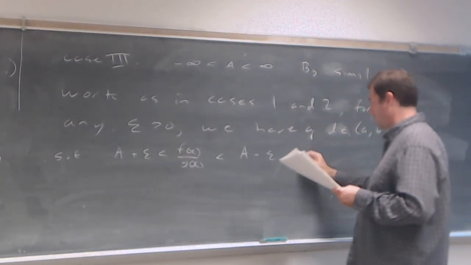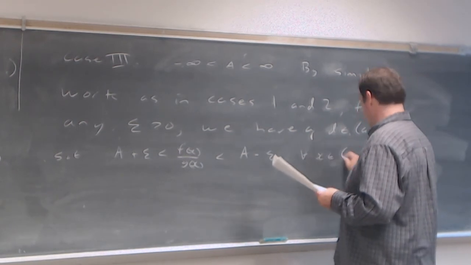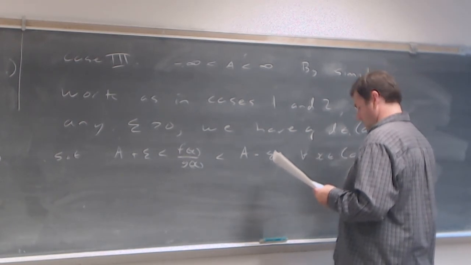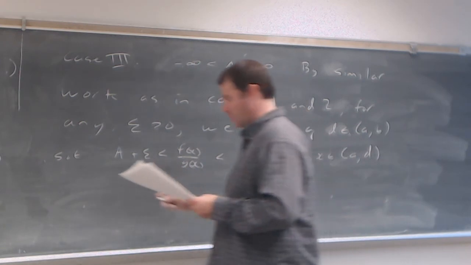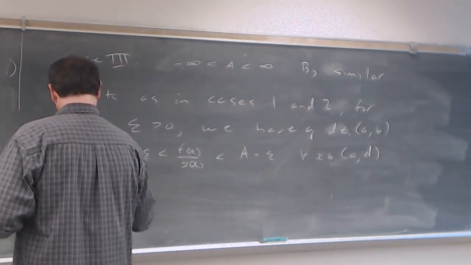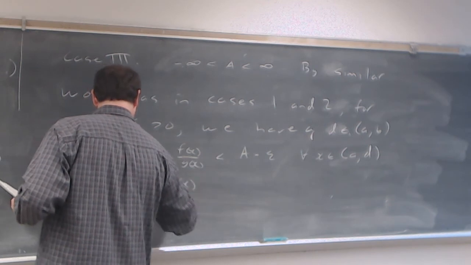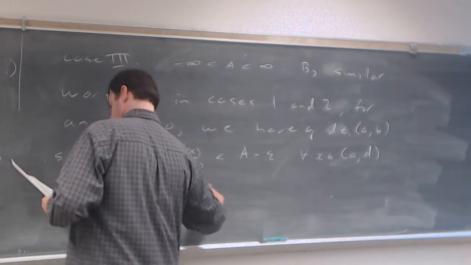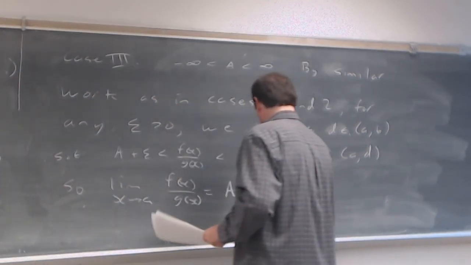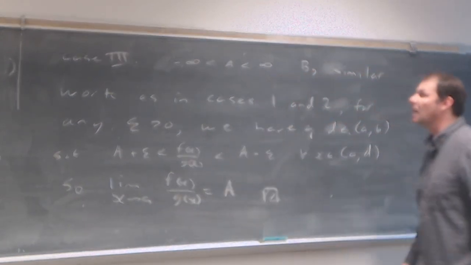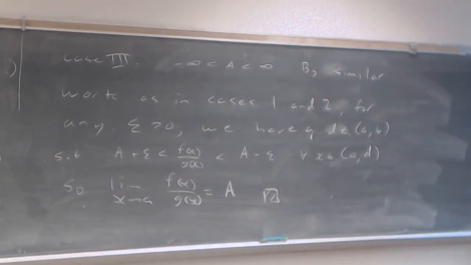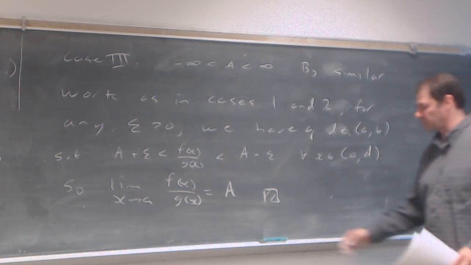And this is true for all x element from A to D. And so we will get the limit as x goes to A of f of x over g of x is equal to A. And with this kind of summary of case 3, we will say that concludes the proof.